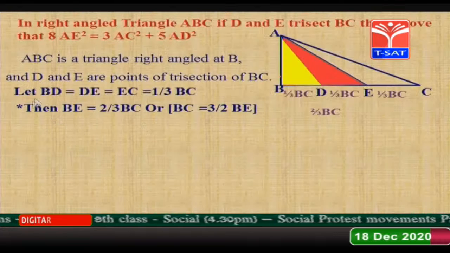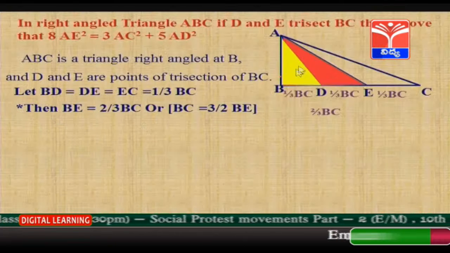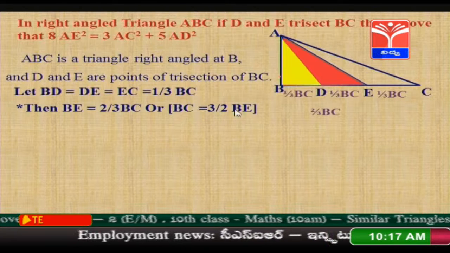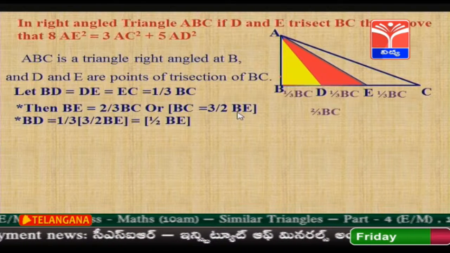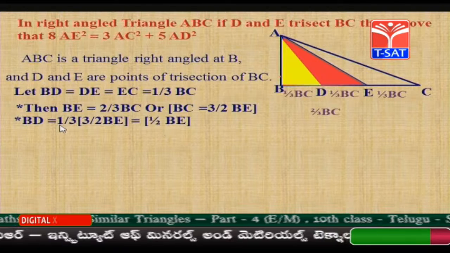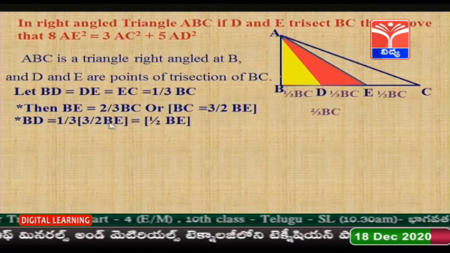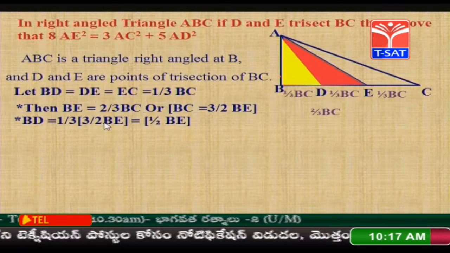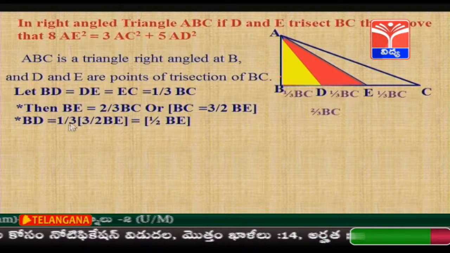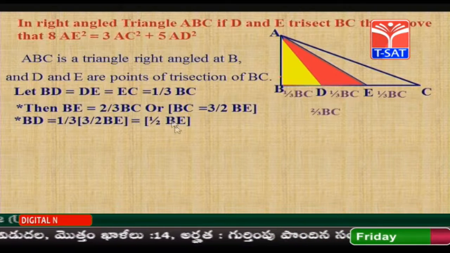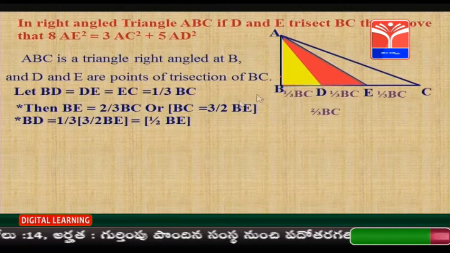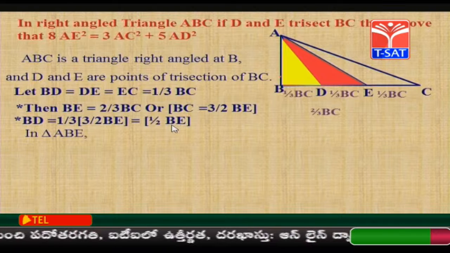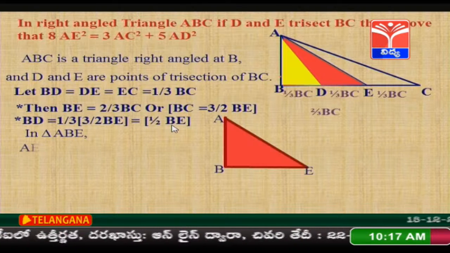Remember very well, this is the star step in doing this entire problem. See, BC is equal to 3 by 2 BE and BD is equal to 1 by 3 BC, and I am replacing BC with this term 3 by 2 BE, and the 3 and 3 get cancelled, 1 by 2 BE. BD is equal to half BE.